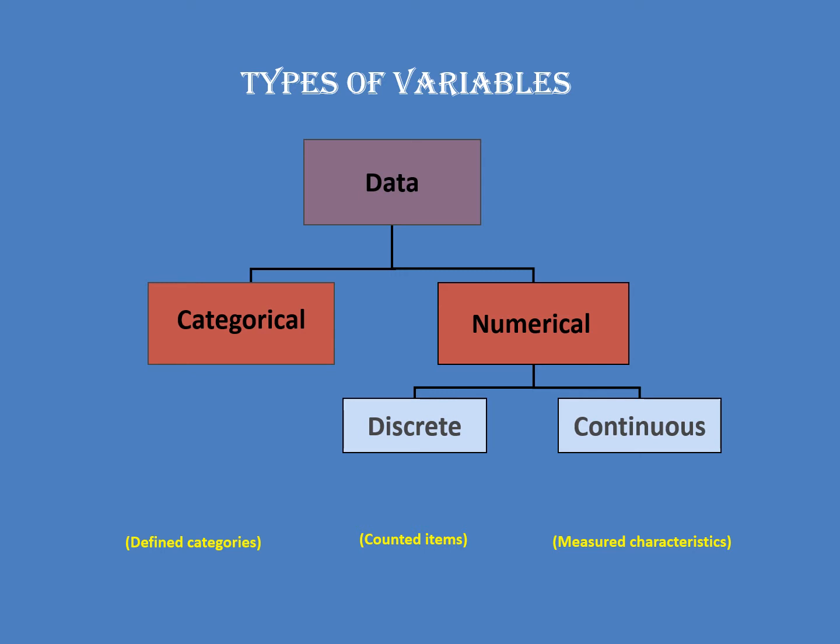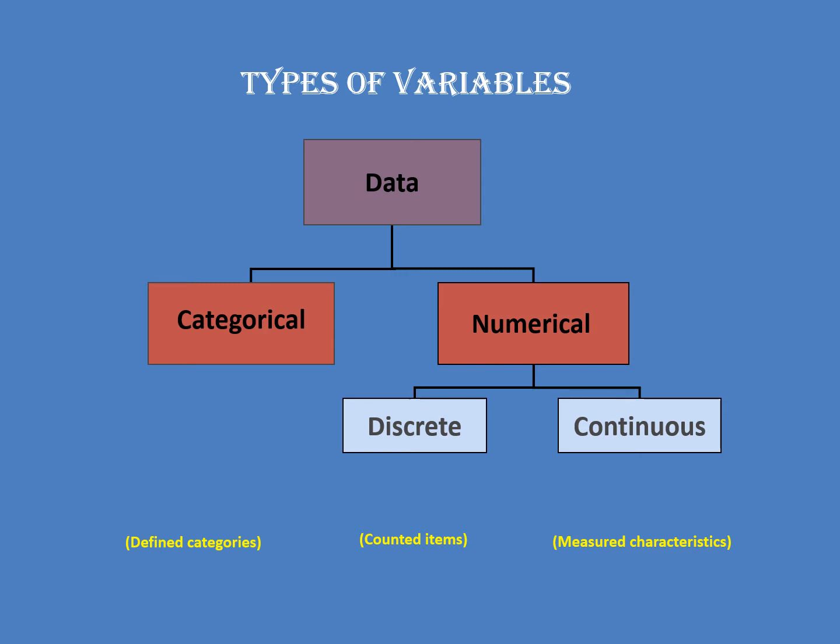So, for example, in this slide, there's an overview of the types of variables from looking at data, and where data has two different divisions. There's categorical and there's numerical, and under numerical there's discrete and continuous.